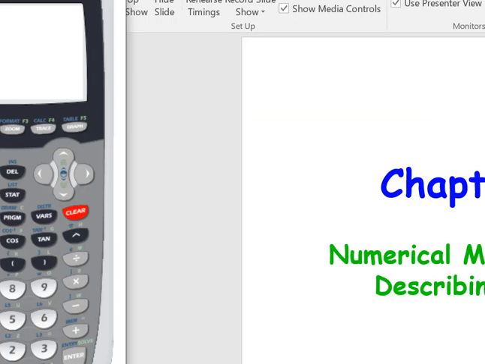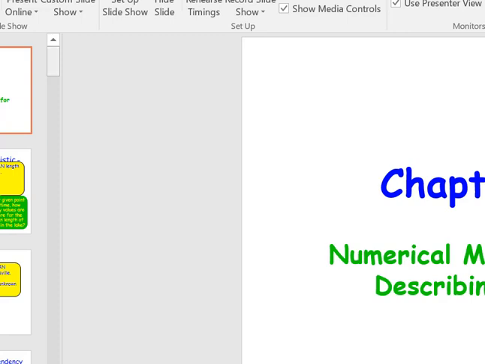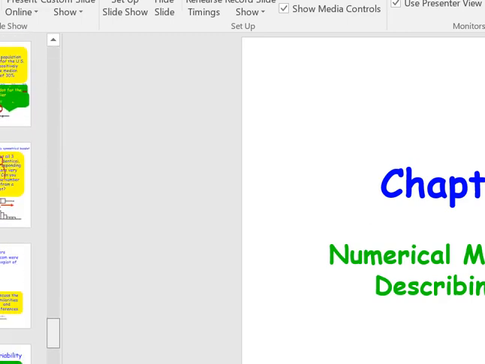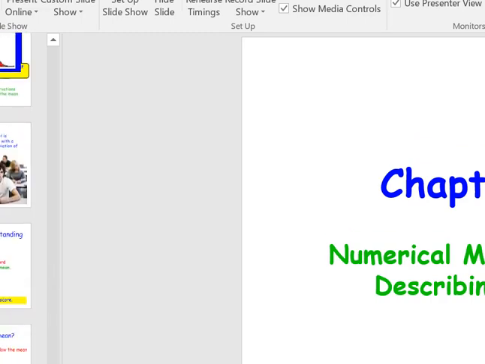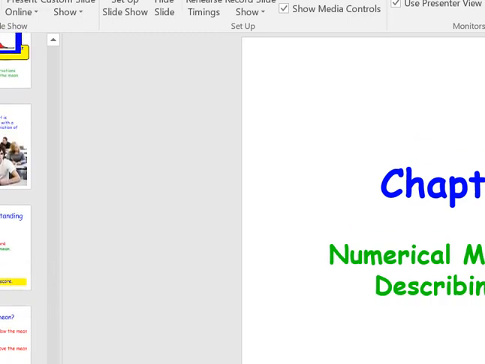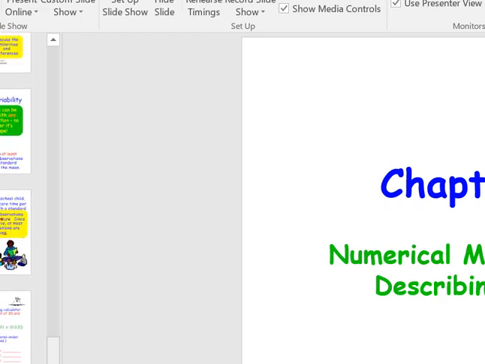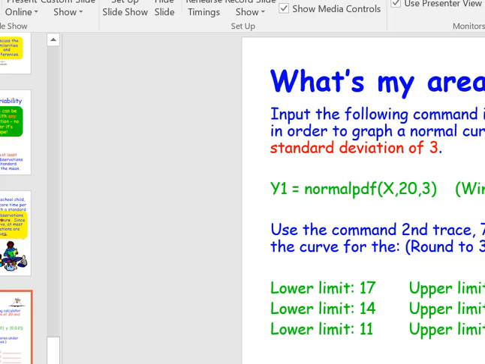So we're going to enter here in the plots, y equals second distribution, normal PDF. We're going to go, oops, I got to find my entry here. There we go.